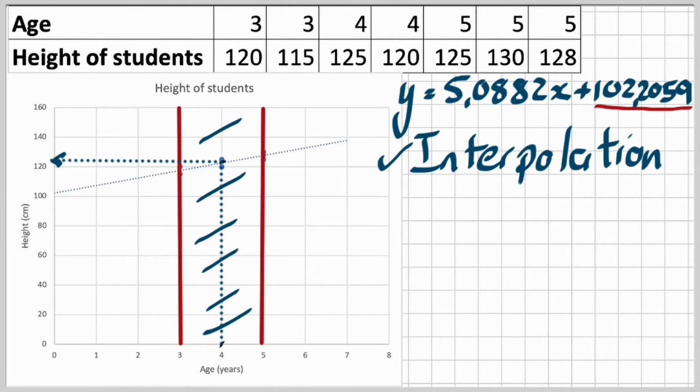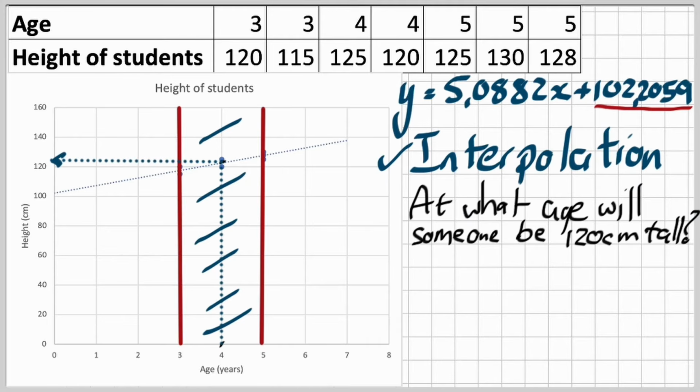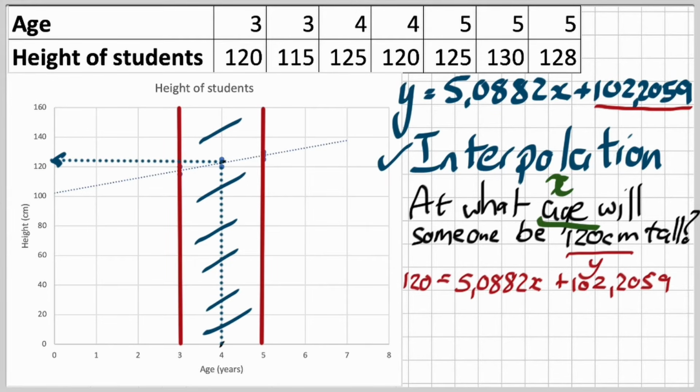What if I ask you another question, but in a flipped way? At what age will someone be 120 centimeters tall? Now, what am I giving you, the x value or the y value? I'm giving you the y value. The y value is 120, so I'm going to substitute that into my equation. I am asking you at what age, so I'm asking you for the x value.